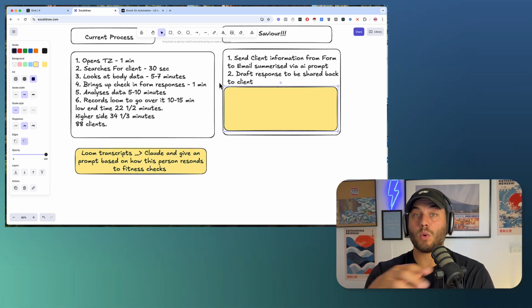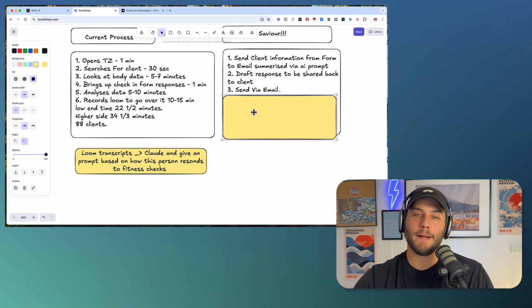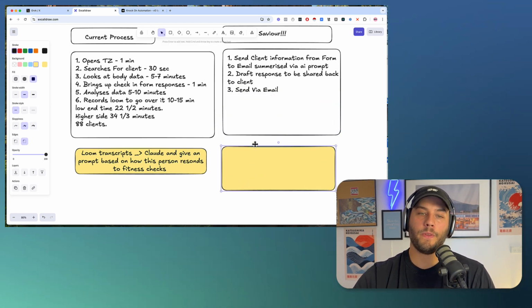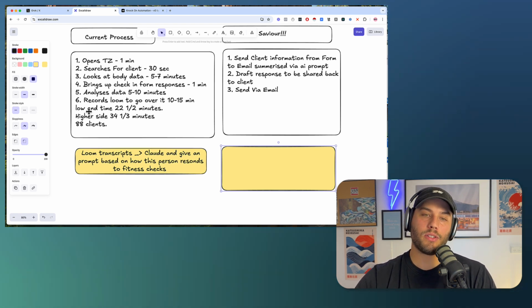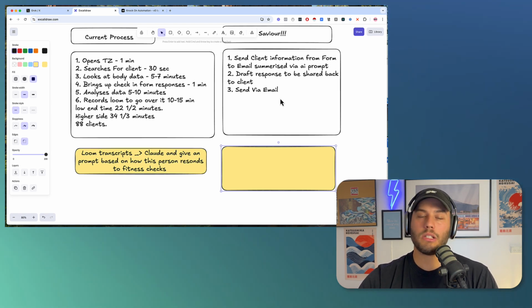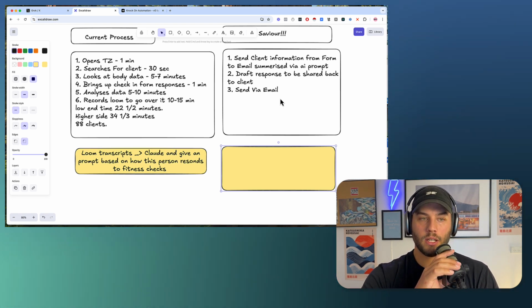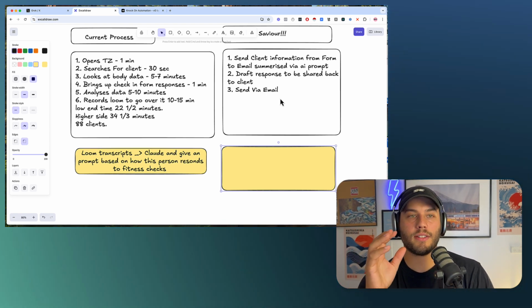What that allows you to do is automate more of it. So once we had that drafted response, we then sent it via email. For this coach, they used to do a Loom and all of this stuff, right? This ends up taking them less than 2 minutes to complete a check-in, which is just nuts. So less than 2 minutes to review the information and send an email.